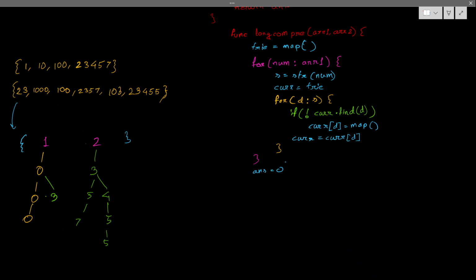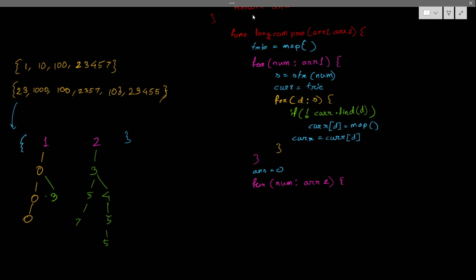For each case I have to iterate and check whether it is present or not. So I use a for loop for each number in arr2.